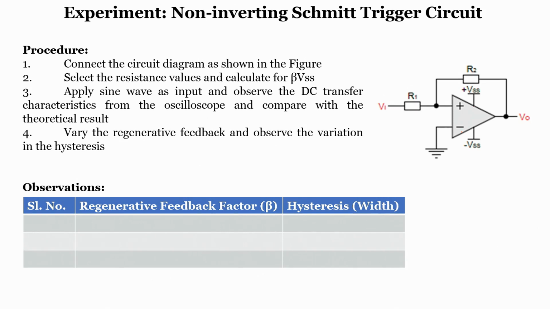Then you have to select the resistance R 1 and R 2 and calculate beta into V S S, apply a sine wave at the input voltage and observe the DC transfer characteristics from the oscilloscope and compare with the theoretical results. Vary the regenerative feedback and observe the variation in the hysteresis. So, the observations are still the same. You apply a regenerative feedback, you look at the hysteresis.